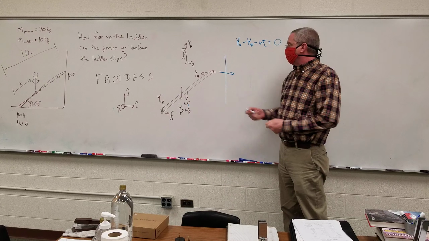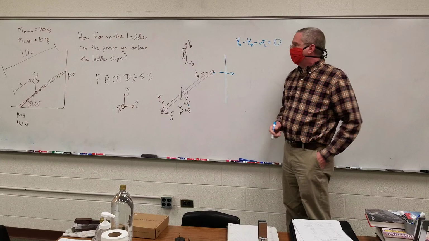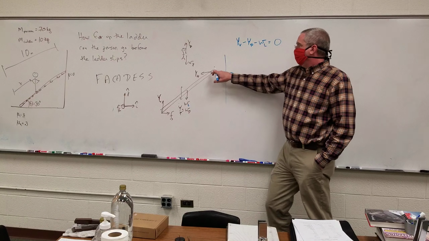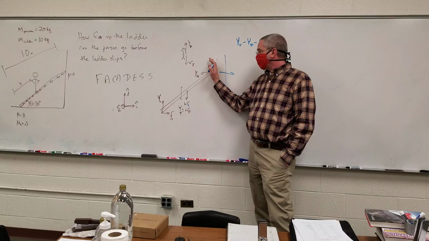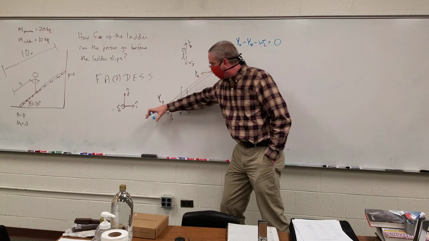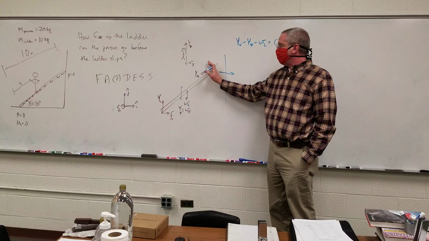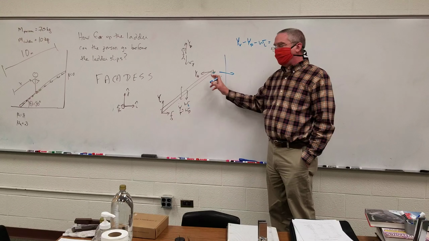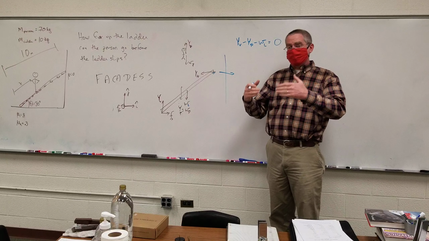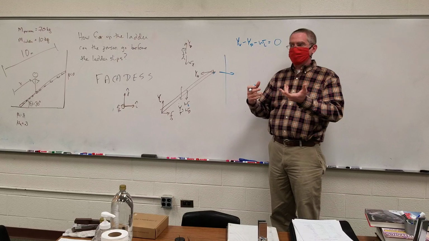Actually, a lot of ladders have rollers up here to make it somewhat frictionless up there. One of the reasons we make this frictionless is that if I throw an extra friction in here, so there's a friction acting upwards, because again, the ladder wants to slip like that, then we get into a situation of static friction. If I knew the coefficients, I know what the maximum value is, but if the ladder's not slipping, I don't know what the actual individual values are.